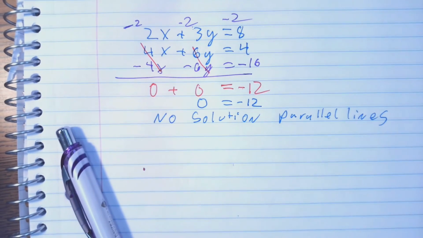No solution, parallel lines, right? So this is an example of a broken problem. Everything so far has had an answer, right? So there are times where, because these are parallel lines, we're not going to get a solution. Okay?